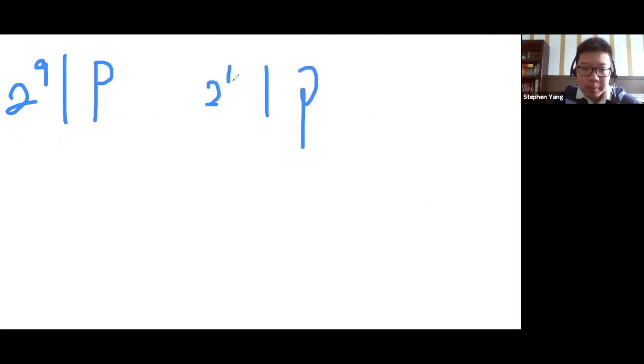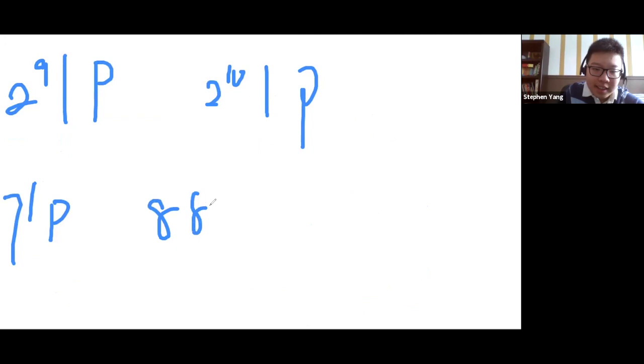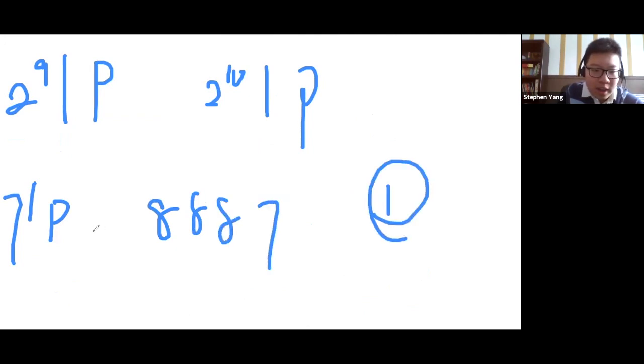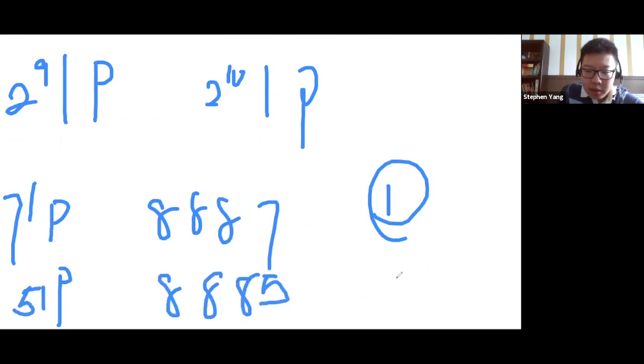And then the last case, which is p is divisible by 2 to the 9th, and p is not divisible by 2 to the 10th. Same method. When p is divisible by 7, you'll have 8, 8, 8, 7, which yields one solution. When p is divisible by 5, there'll be 8, 8, 8, 5, which yields one solution.